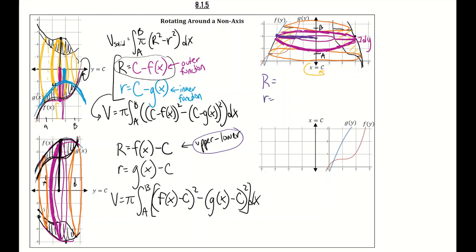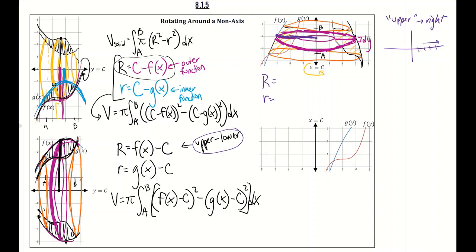However, when your thickness is dy, it's not upper minus lower, it's going to be right minus left, because the quote-unquote upper is always to the right. If you think about your x-axis, the upper numbers are to the right. Like 5 is bigger than 4, which is bigger than 3. So the upper function is the one that's more to the right.